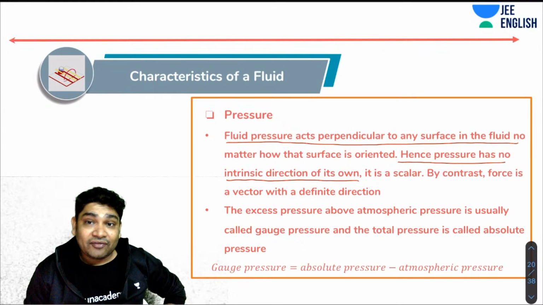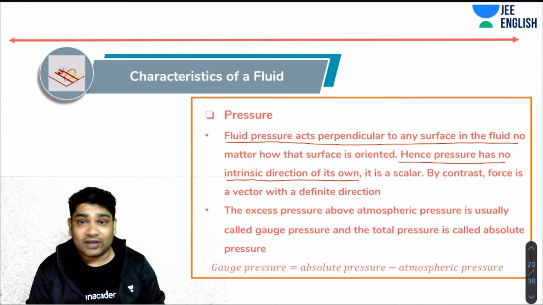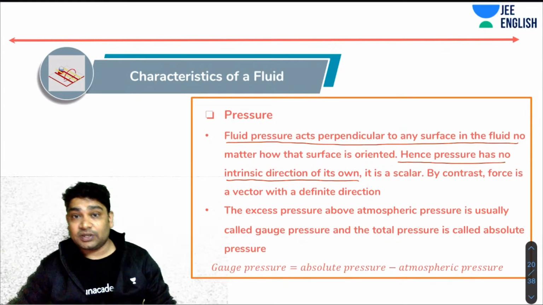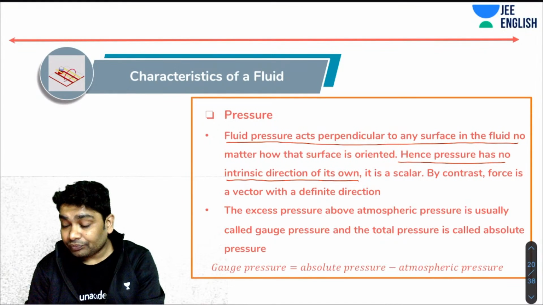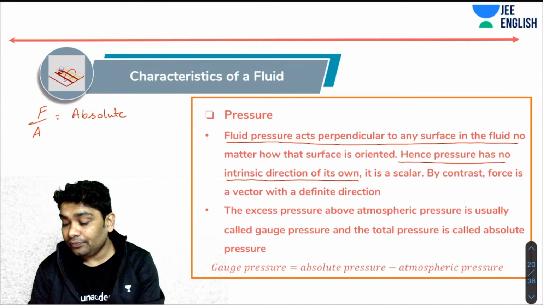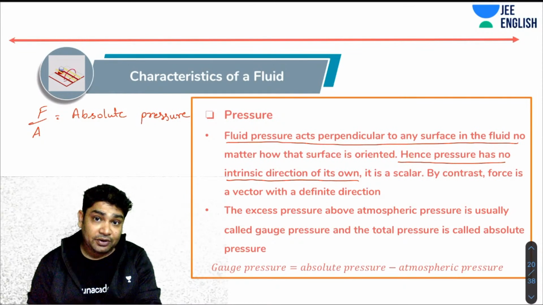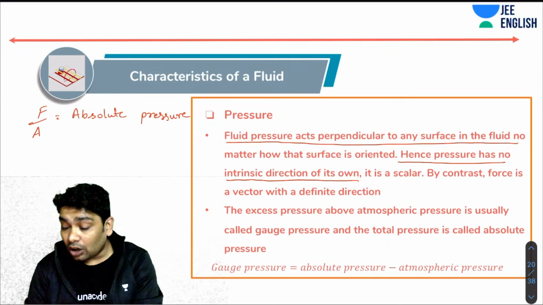Now you can define pressure in two ways. When you are specifying pressure, you can either specify the absolute pressure, so force per unit area. If that is what you're reporting, this is called absolute pressure, where you are actually telling this is the force that the liquid is exerting per unit area. Now you can also talk about gauge pressure.